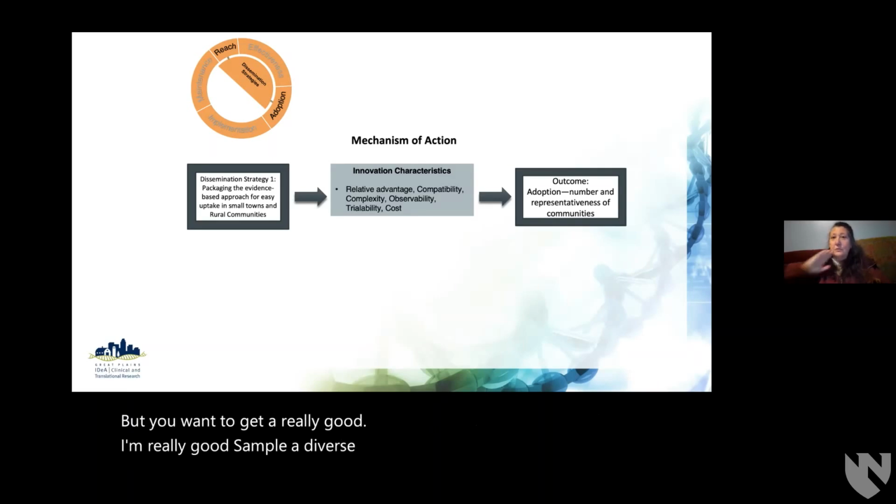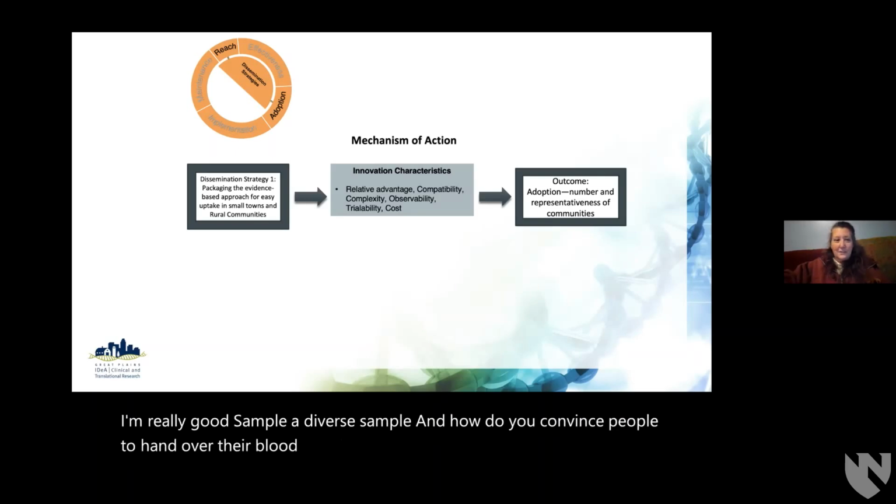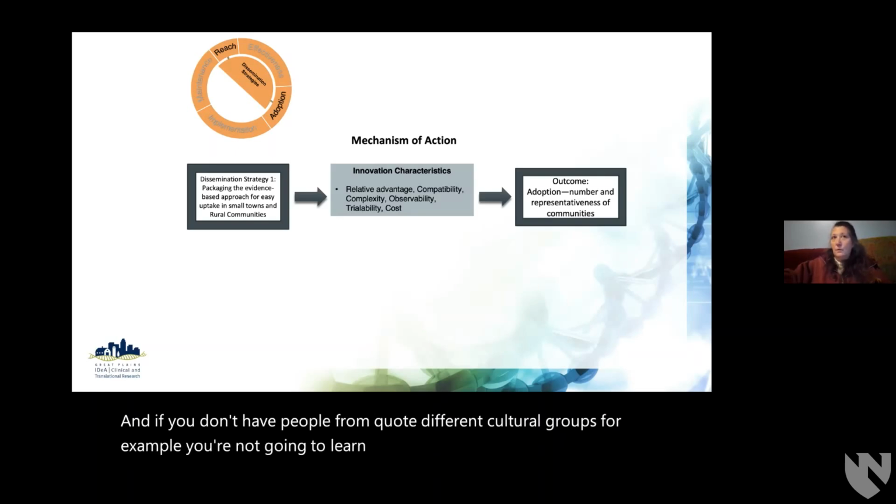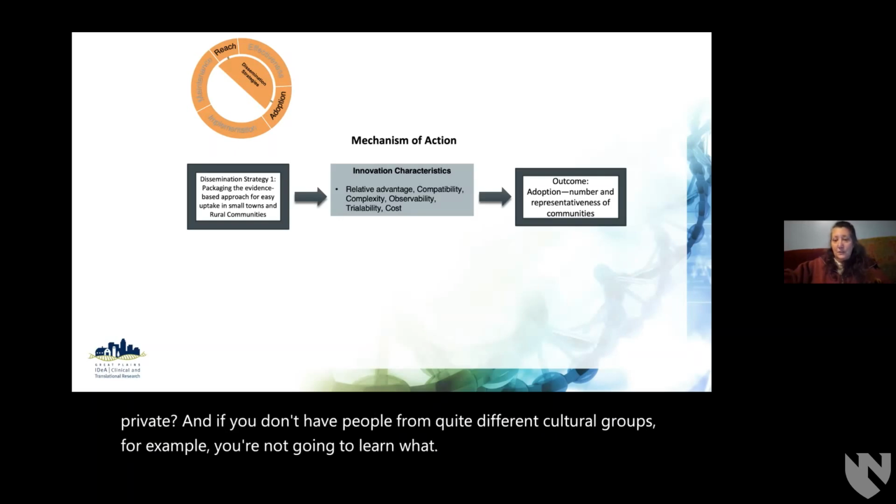And how do you convince people to hand over their blood work and other specimens that are very private? And if you don't have people from different cultural groups, for example, it's going to be a very skewed sample.